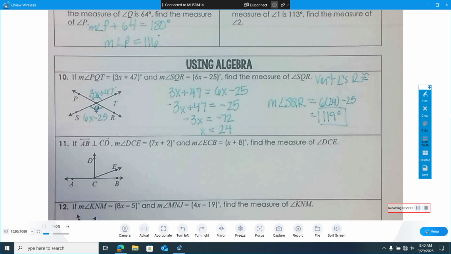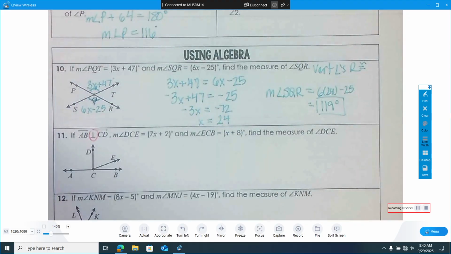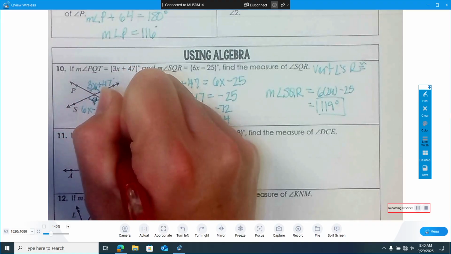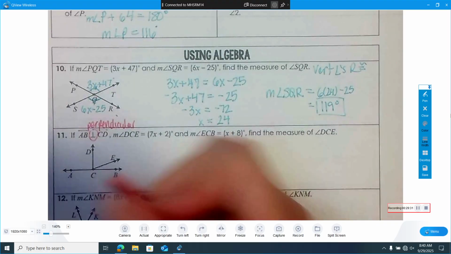Again, marking up your pictures is a very good habit to get into. So it says if lines, it looks like line or line segment, I can't tell, AB is, what's this symbol? Perpendicular. What do we get if we have perpendicular lines? 90-degree angles, right angles.